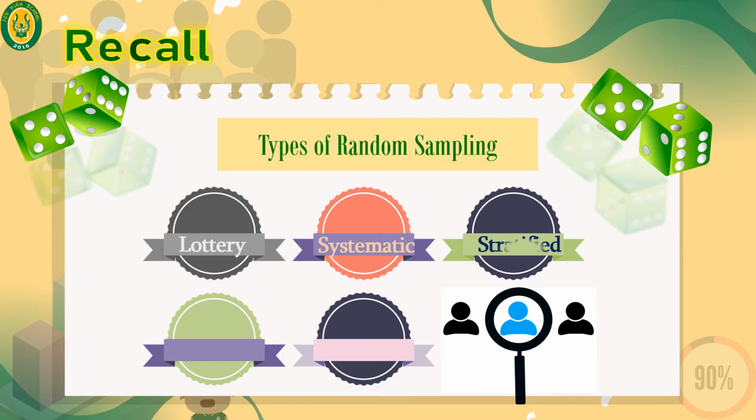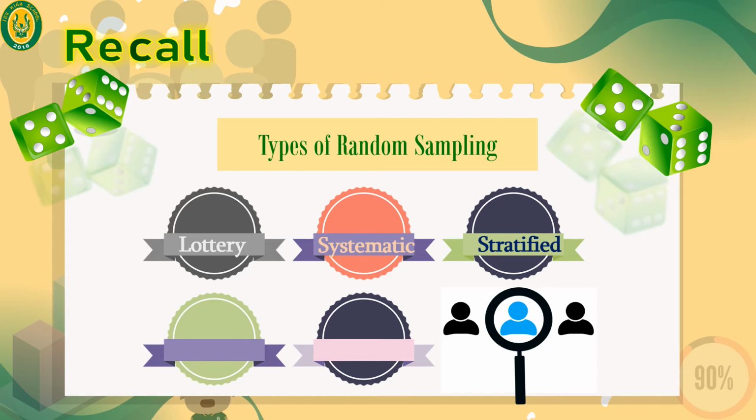We also have the stratified random sampling. This is when you set a specific criteria or characteristic that you're looking into. For example, in a class or in 5 sections, you will examine the girls and the boys.